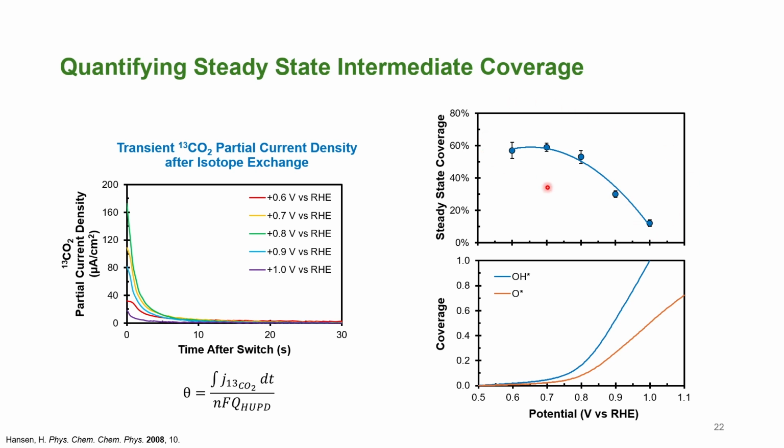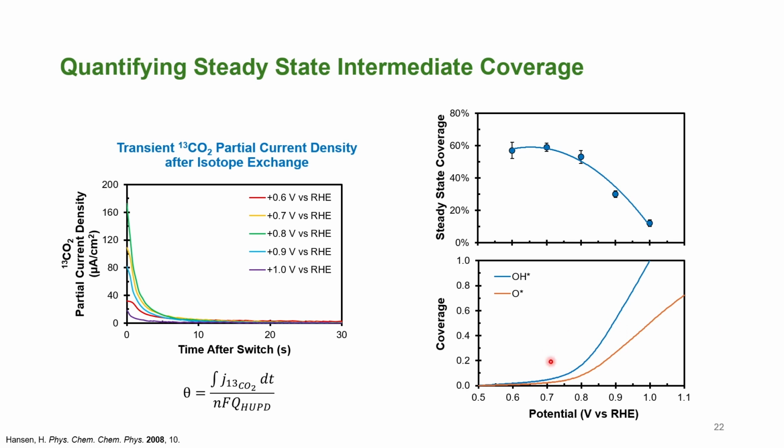And we can correlate this type of trend to the coverages that we see of oxygen and hydroxide. So this coverage was actually obtained in a blank electrolyte, where we were just looking at the charge density of oxygenated species, no methanol there.